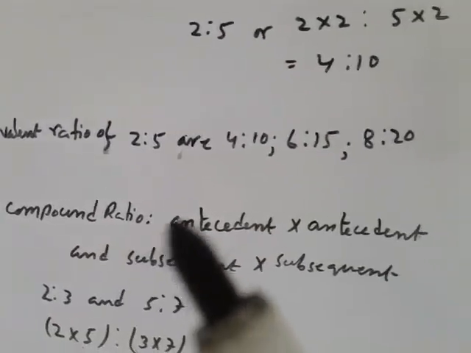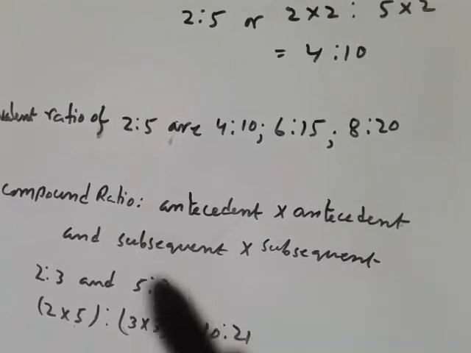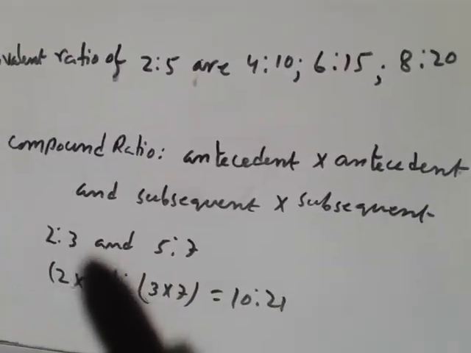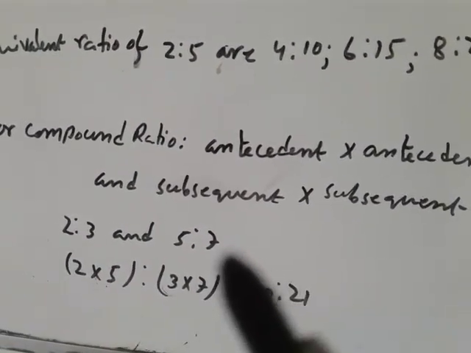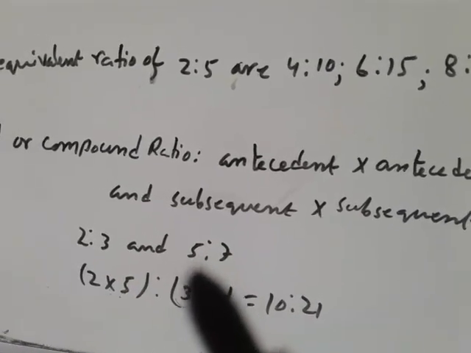Mix or compound ratio: antecedent multiply antecedent, subsequent multiply subsequent. See here 2:3 and 5:7, two simple ratios are given. Here antecedent is 2, here antecedent is 5.